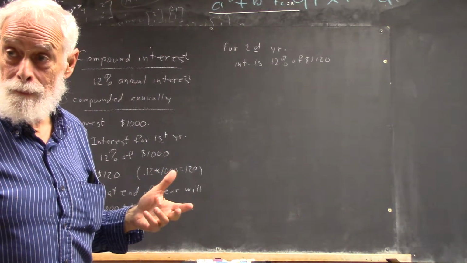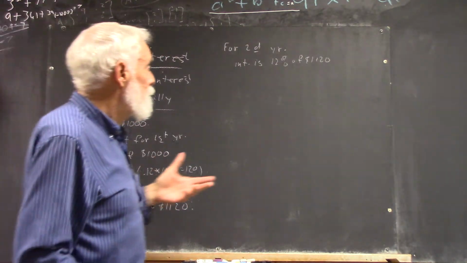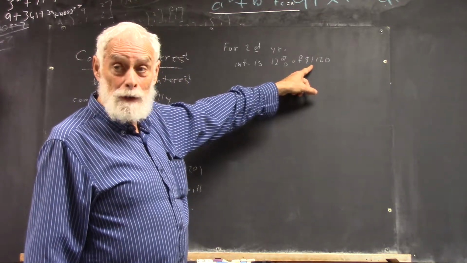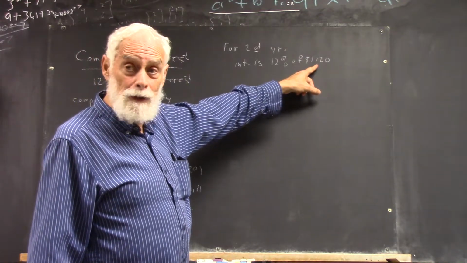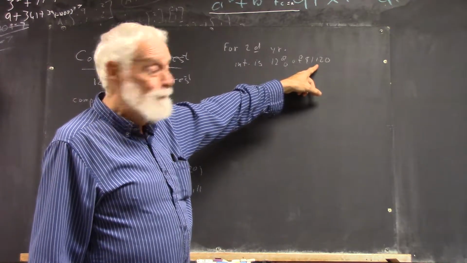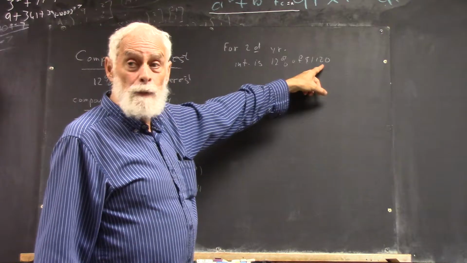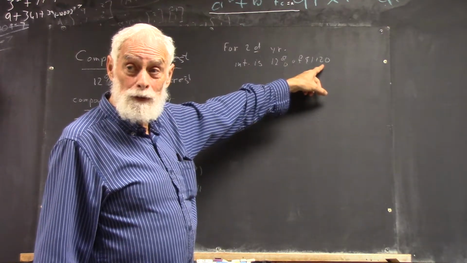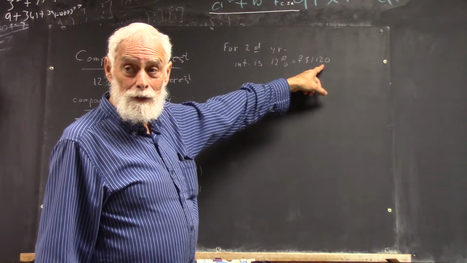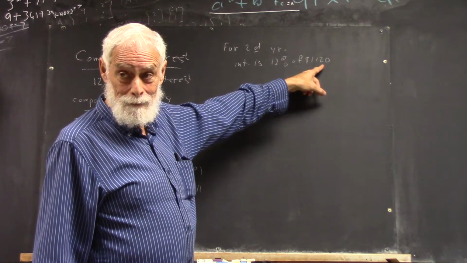Okay. And what's that? Well, I'll figure it out. 12% of 1,000 is 120. 12% of 100 is 12. 120 and 12 is 132. 12% of 20 is $2.40. Okay? So your interest is going to be $134.40.